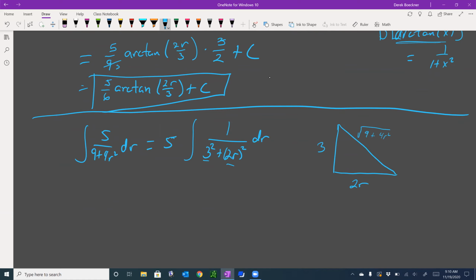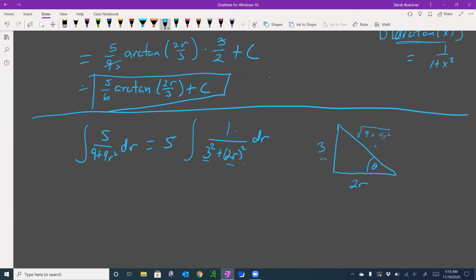Okay. I'd still need another variable in here for my substitution. And so I'm going to put a theta in here. And what I end up with is I've got a constant divided by the hypotenuse squared, right? So I've got something that looks like this side over this side squared. Are we okay with that? And that's the sine.